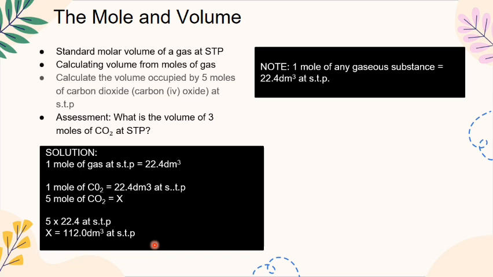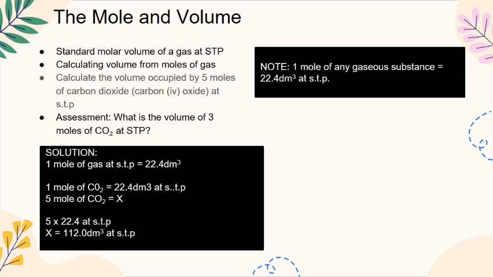So the volume occupied by 5 moles of CO2 is going to be 112.0 dm cube. Okay, I believe that's clear enough. So always remember this value: 1 mole of a gas at STP is 22.4 dm cube.